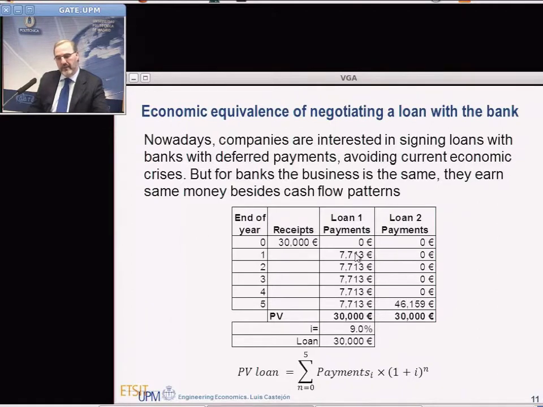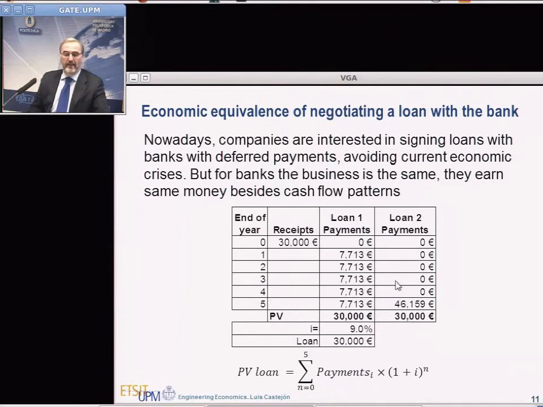So please, I am an employee today. I cannot afford every year to pay 7,713 euros. Please, can we renegotiate the loan? Bank, tell me the amount I will pay in 5 years. I will pay in just one payment in the future.